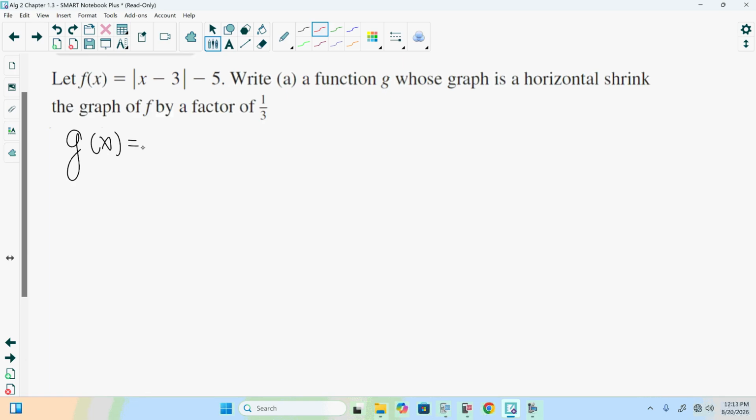Let f of x still be the same function. We want to write a function g whose graph is a horizontal shrink of the graph of f by a factor of 1/3. Horizontal stretch or shrink is given to us by the general equation, f of bx, where b is equal to 1 over a.